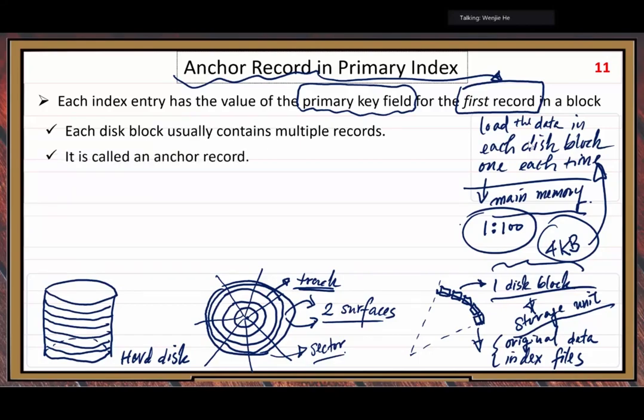The first record in the disk block is called the anchor record, because the location of the first record gives the location of this disk block.